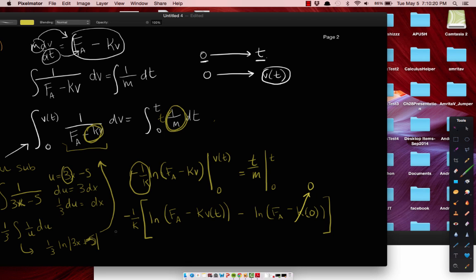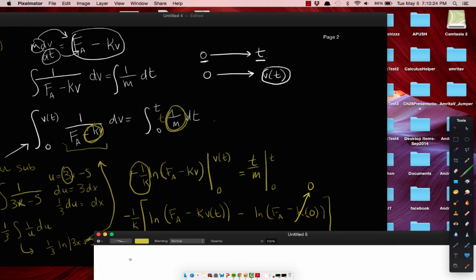So on this side we're left with negative 1 over k times ln of Fa minus k v of t, minus ln Fa, because that goes to 0, so we don't count it anymore.